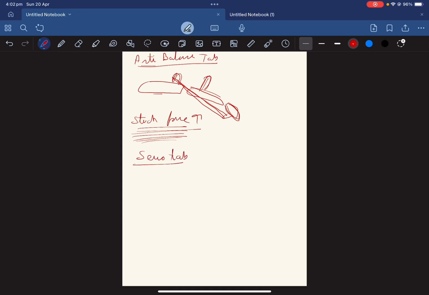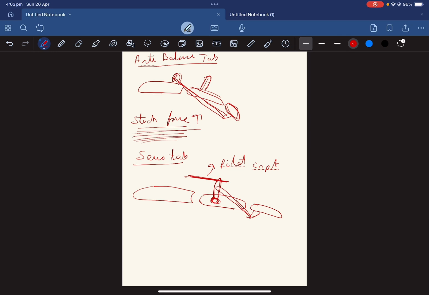Alright, let's say this is the control surface, and let's say there's some connection like this, and this is the tab. This is the pilot input. What's different in this type of tab is that instead of controlling your control surface, the pilot is indirectly controlling the tab.